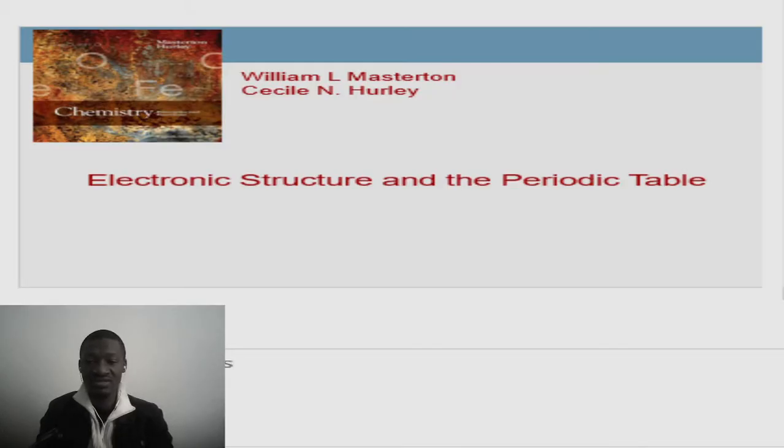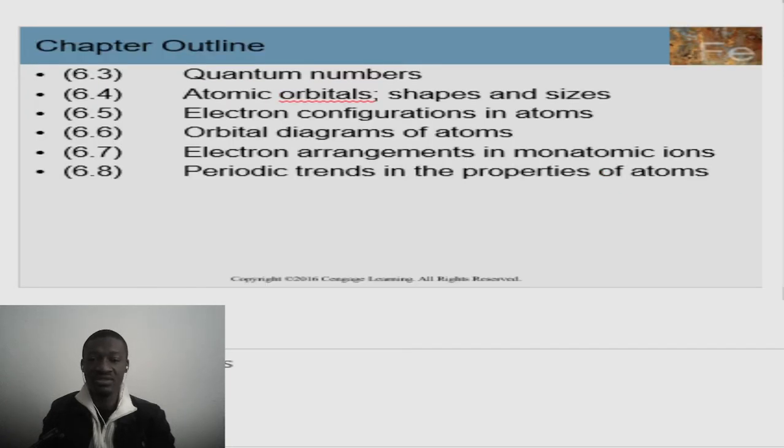So the course, as I said earlier, is electronic structure and the periodic table. In this lecture, we'll be looking at quantum numbers.